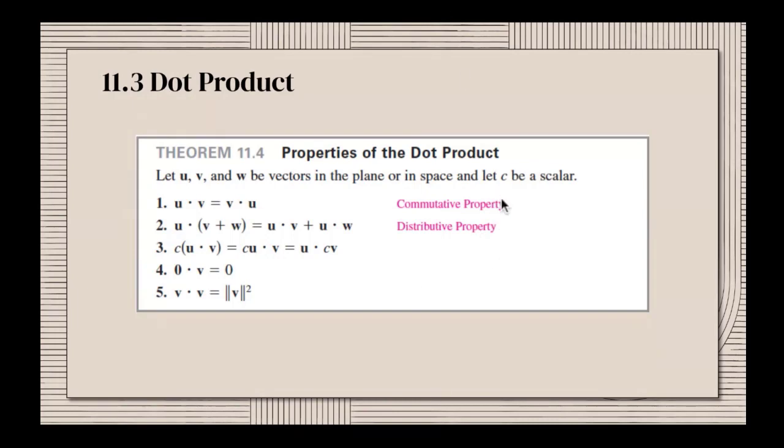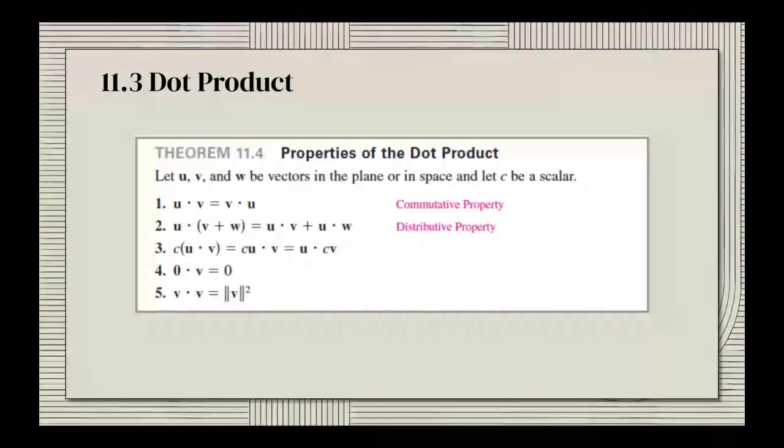Next property is multiplying a scalar by the dot product. And so you would distribute the scalar to one of the vectors, not both. And that is because you don't want to multiply by the scalar two times. So that's what this property is showing you.